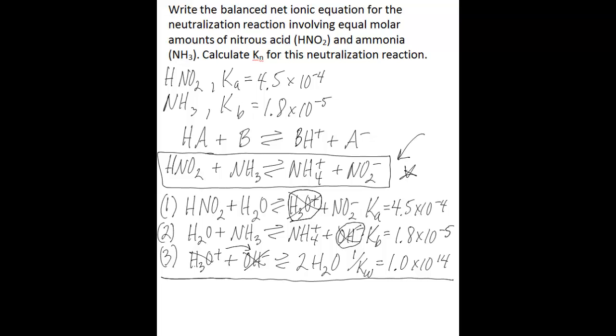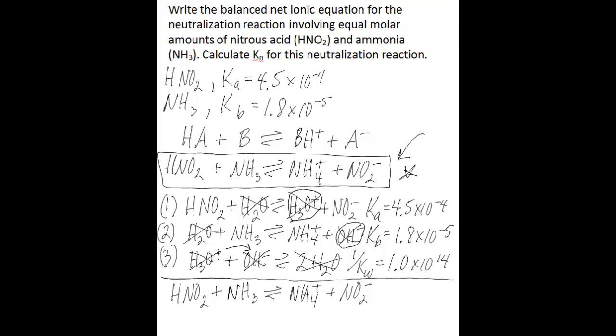We can get rid of hydronium, which appears on both sides. We can get rid of 2 waters on each side. And when you do that, you're left with nitrous acid and ammonia as the reactants, and ammonium and nitrite as the products, so the conjugates of our weak acid and weak base.